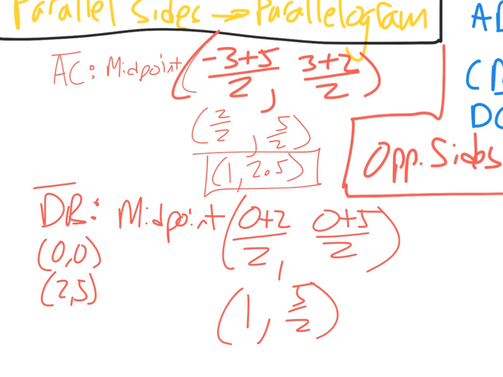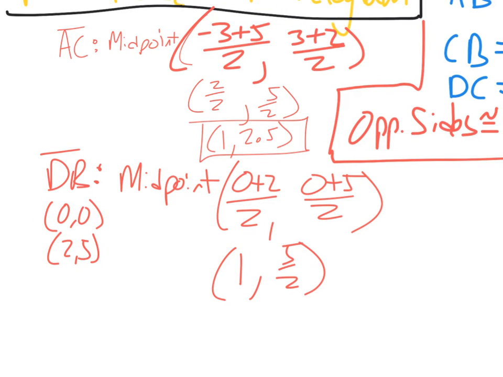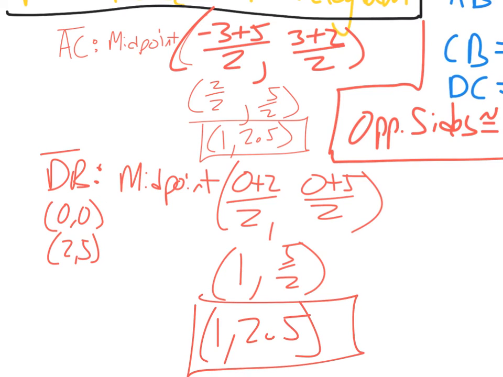Well, that's the same thing, right? That is 1 and 2.5. Okay, so these midpoints are the same, right? Same midpoint. In other words, they bisect each other.